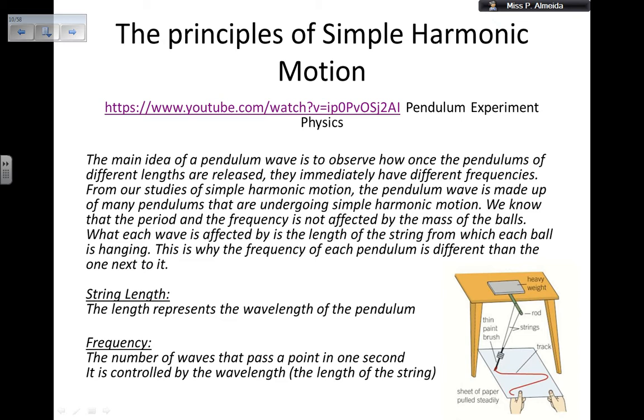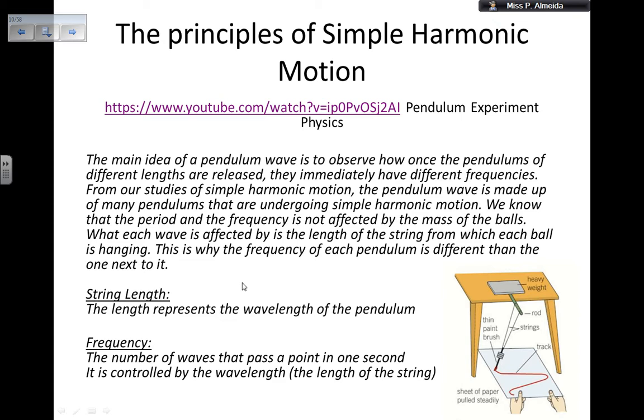So imagine that you attach a paintbrush, for example, to the masses. You would get a wave like this one, a sine or cosine, okay? The string length would represent the wavelength of the pendulum, and the frequency, as you know from science before, depends on your wavelength, because the frequency is the number of waves that pass a certain point in a second, so it is controlled by the wavelength.